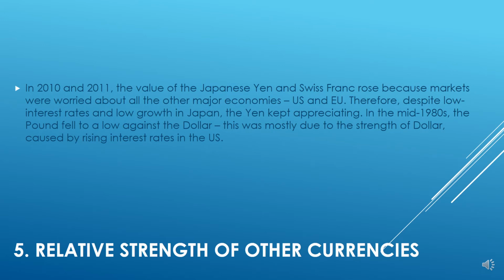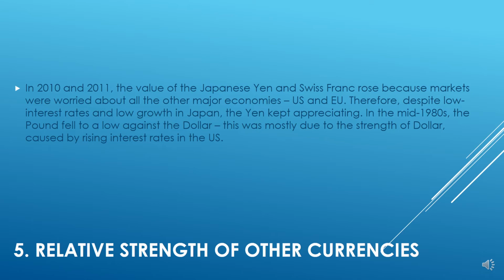Another factor that contributes to changes in the foreign exchange rate is the relative strength of other currencies. So in 2010 and 2011, the value of the Japanese yen and Swiss franc rose because markets were worried about all the other major economies like the US and European Union.